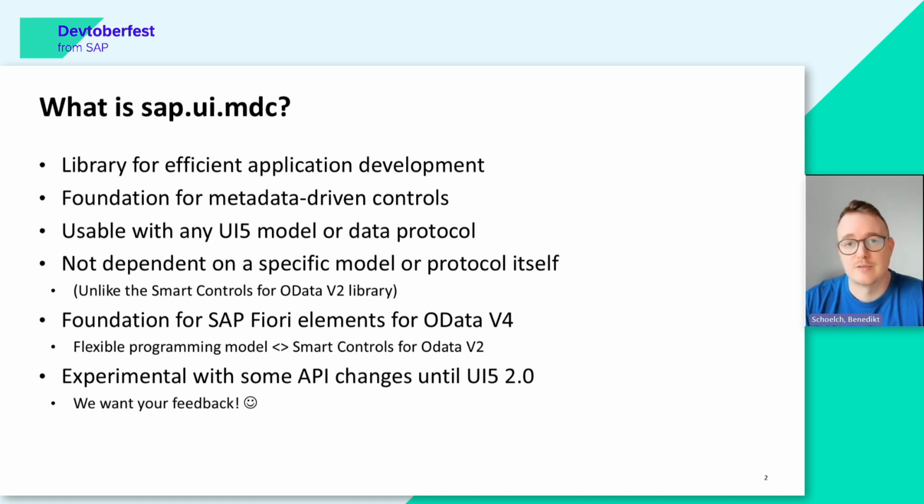This is a differentiator from the well-known Smart Control library for OData v2, which was tightly coupled to OData v2 and annotations. The MDC library is the foundation for SAP Fiori elements for OData v4, which provide an equivalent to the smart controls for v2 with a flexible programming model, aka macros.